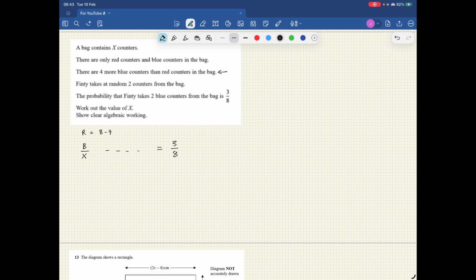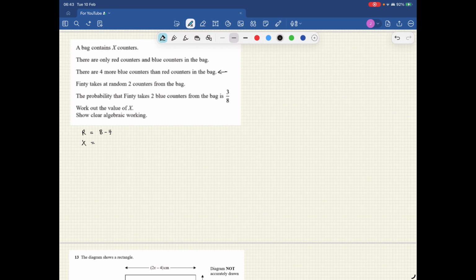And we only want this expression to be an expression in B. We don't want any X's in there. So I'm going to ask you again to pause the video. And this time, you're going to write an expression for X. So you're going to have X equals, and you're going to have an expression only in B here, okay? So have a little think about that, pause the video, and then come back when you're done.